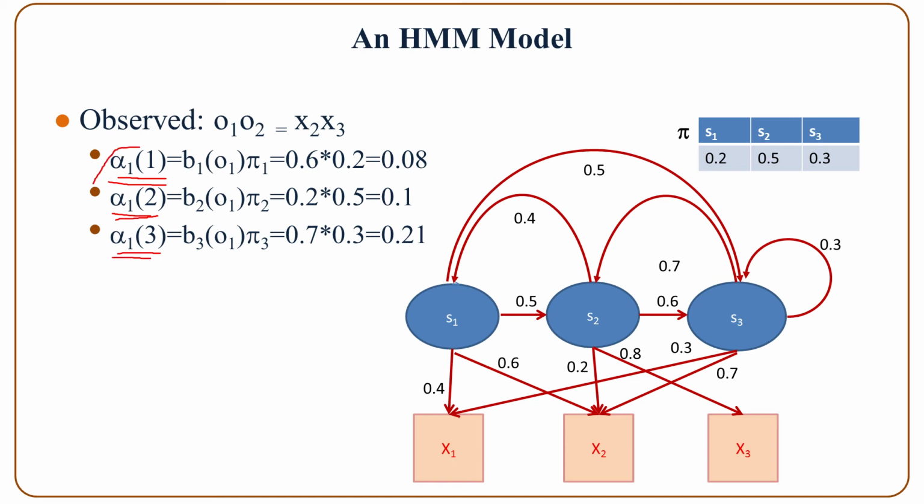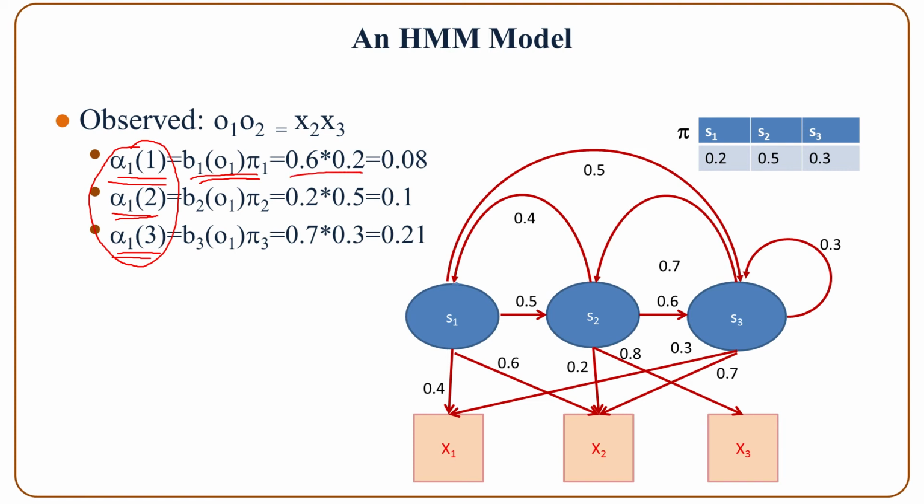They are all at time 1 for the three states S1, S2, and S3. Basically, it is the probability of arriving at S1 times the probability at S1 of observing O1.